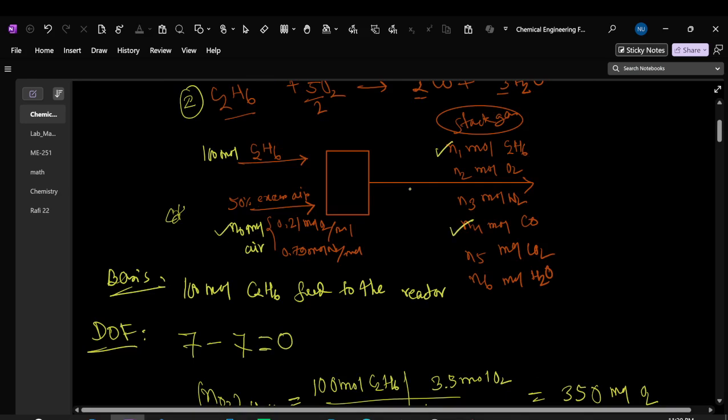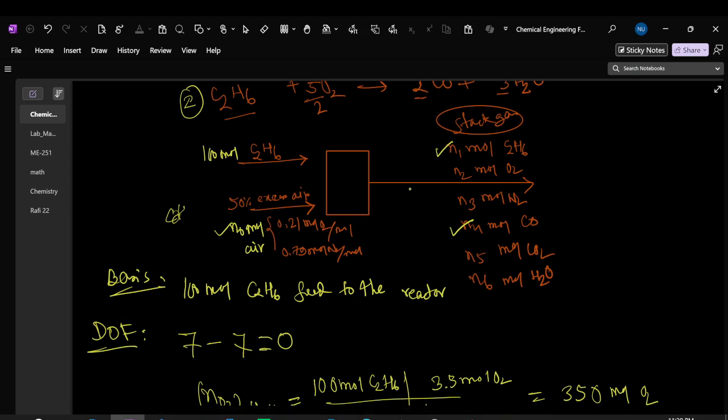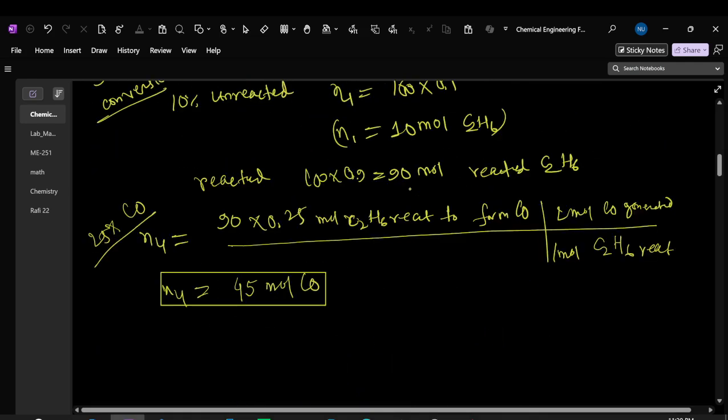We still have 4 unknowns, so we need 4 equations. So now we can use carbon balance, hydrogen balance, oxygen balance, and nitrogen balance, since nitrogen is unreacted.